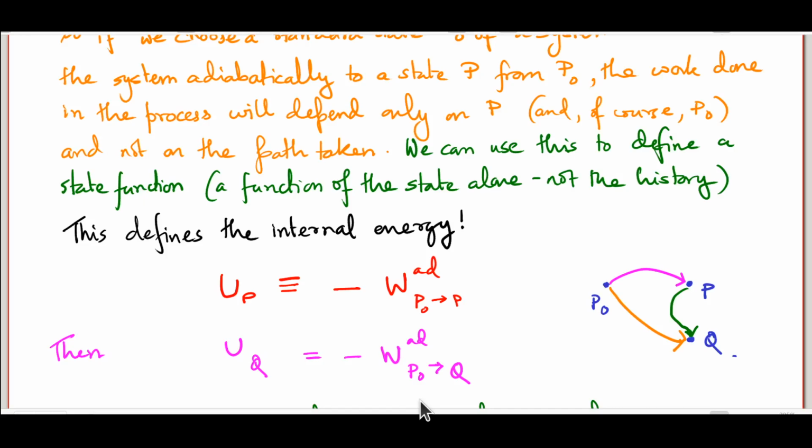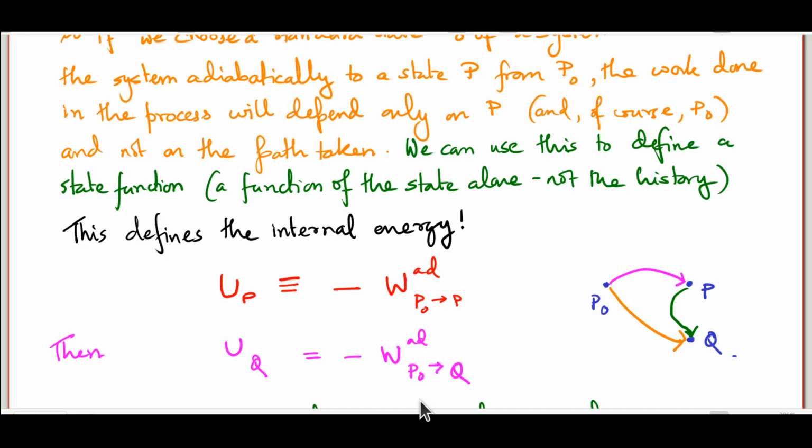You can see the parallels here. Work done under adiabatic conditions, which is the path independent thing, from P0 to P with a minus sign is defined to be the internal energy of the system in the state P.